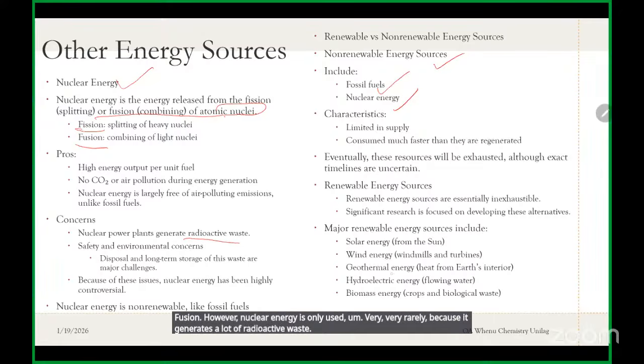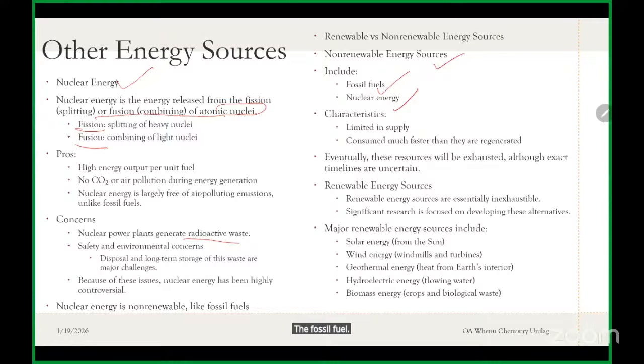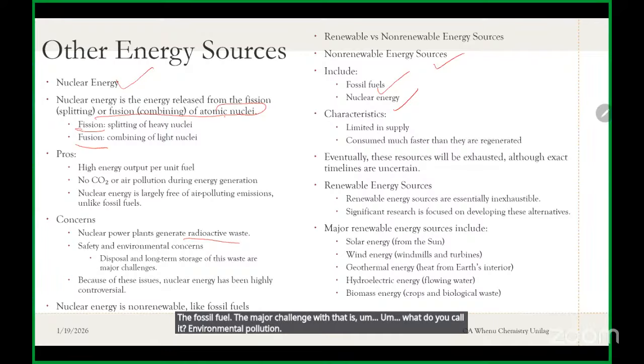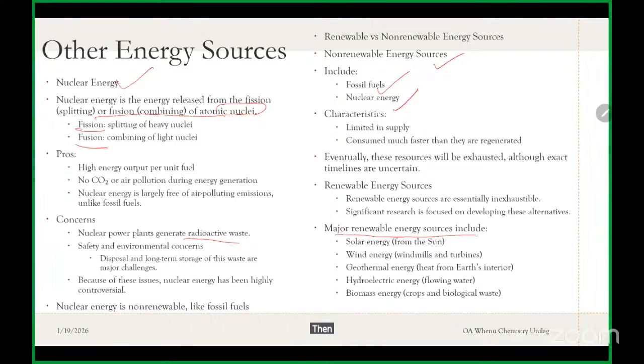The major challenge with fossil fuel is environmental pollution. Then the renewable energy sources are solar energy, wind energy, geothermal energy, water energy, that is hydroelectric, and biomass energy.